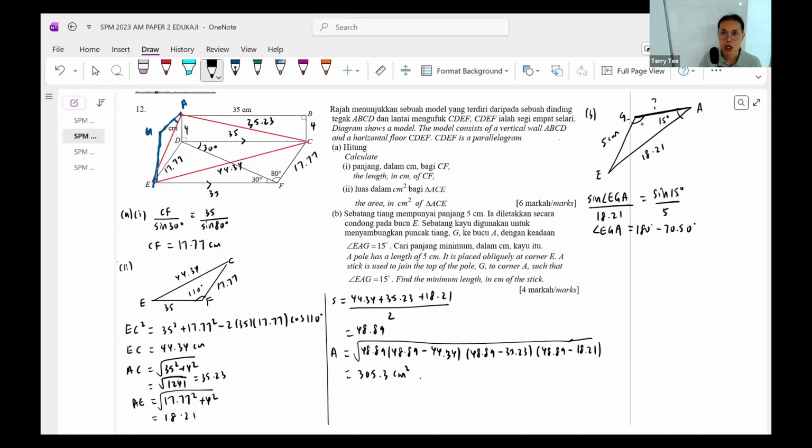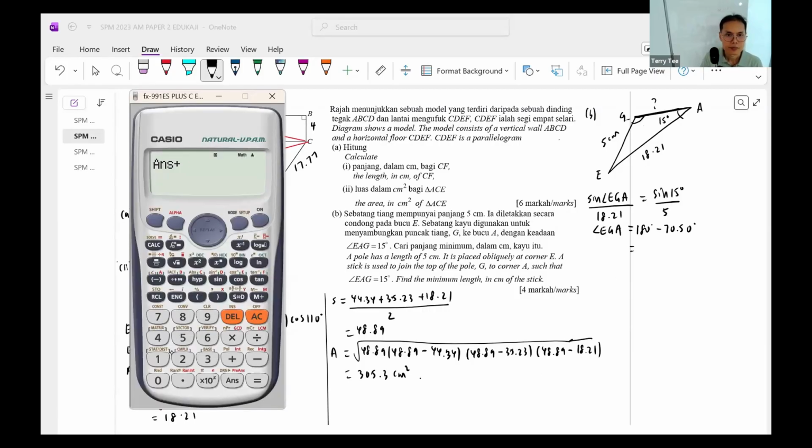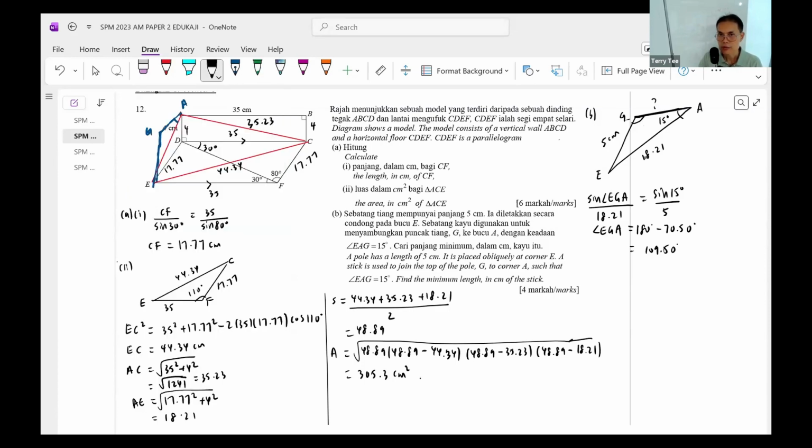Because this angle is what? Obtuse. Your EGA is obtuse. Right? So you take 180 minus, you should get 109.5. Okay, but that hasn't helped me to solve for GA. I need to find GA. Before I find GA, I find angle GEA.